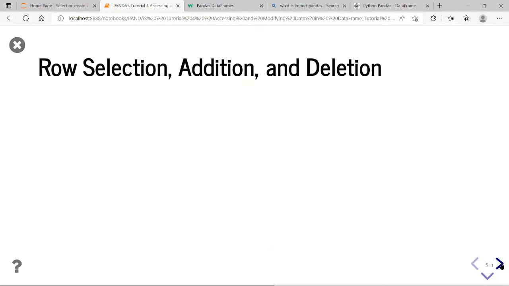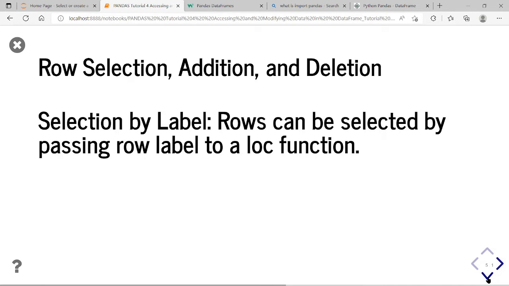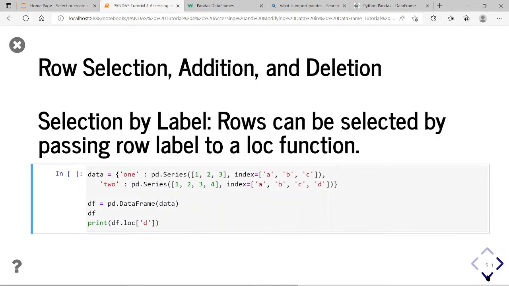Next, let us see how we can select a row, add a row, and also delete a row. One method is selecting the row by label. By passing the row label to a function called loc, we can select a row.